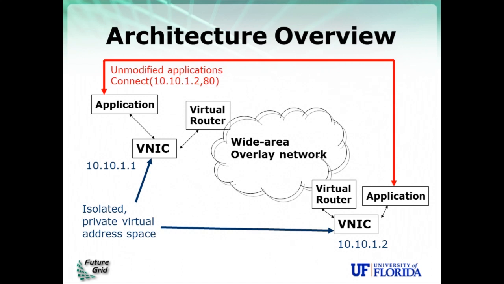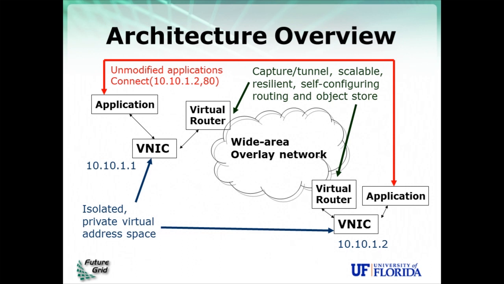Applications can run unmodified. For example, a web client on the top left connecting to a web server on the bottom right, using the same code and the same protocols that they would normally use on the public internet.